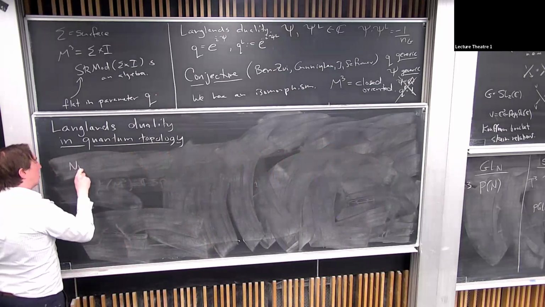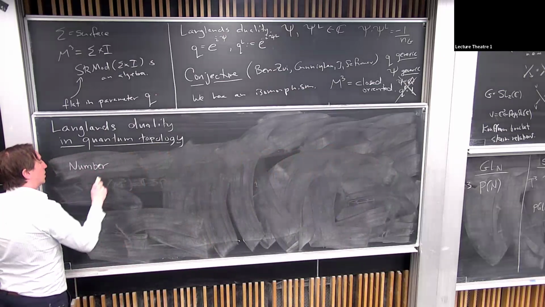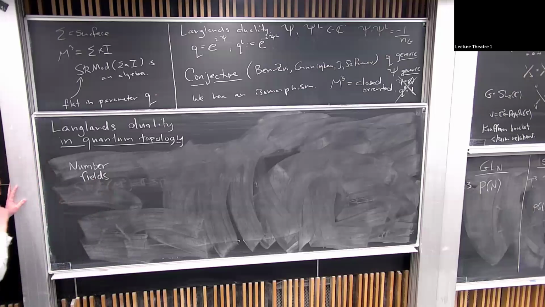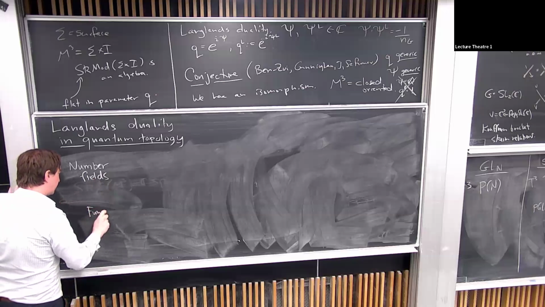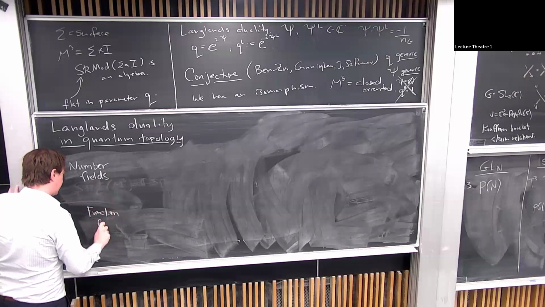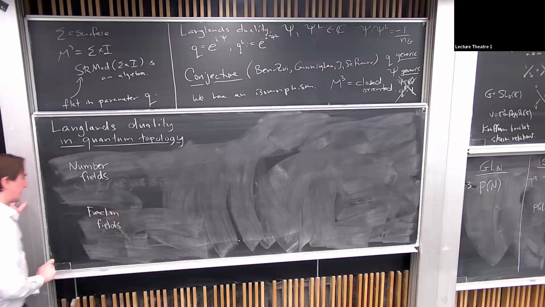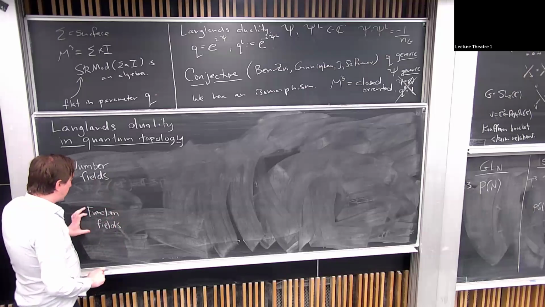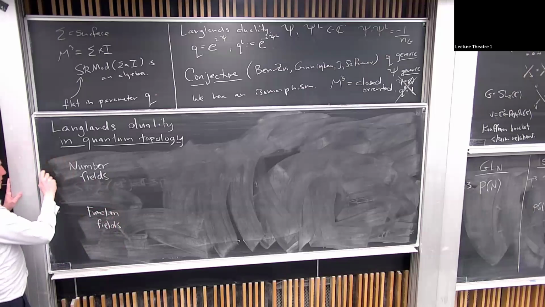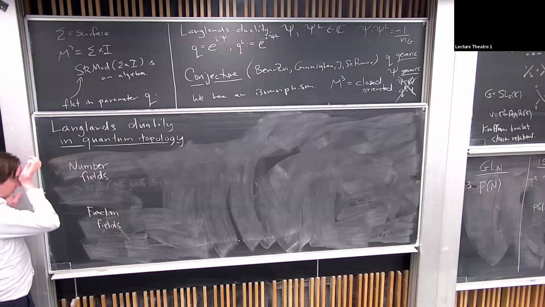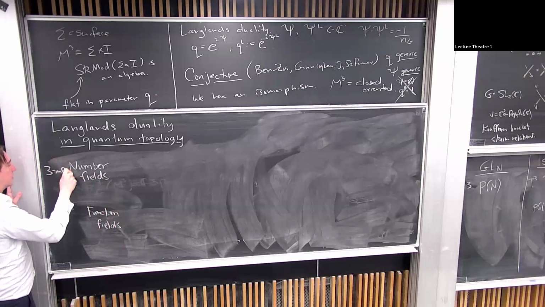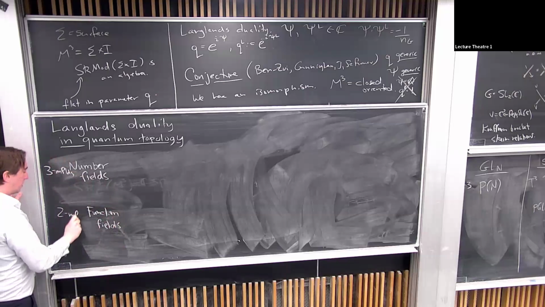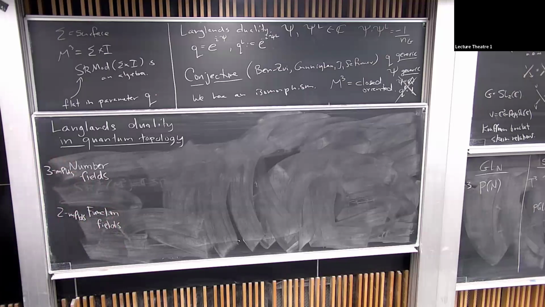Okay, so we have number fields and we have function fields. In this analogy that we're all discussing this week, number fields are related to 3 manifolds, and function fields I think of as related to 2 manifolds.